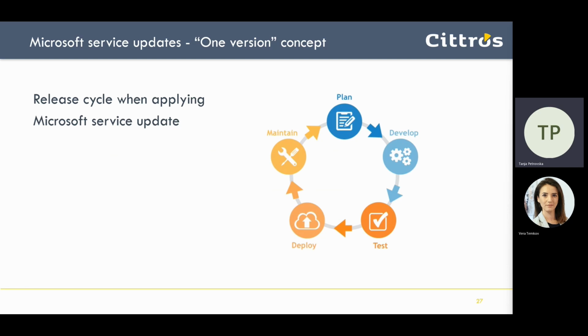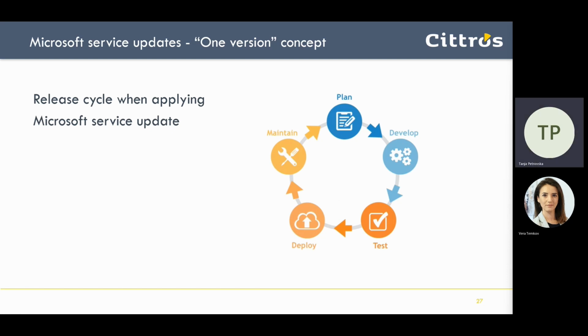So you just need to apply the update and continue to the testing phase, where you will ensure that these new changes are working seamlessly together with your business processes. And I want to mention here that you can test your business processes either manually or by automated testing. And lastly, you deploy the changes to production.